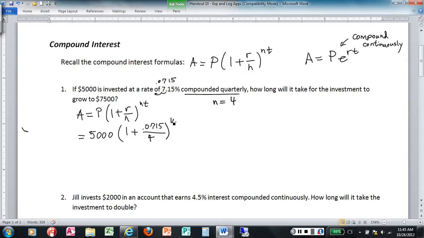Now what about T? We're looking for how long, so T is our unknown. We're just going to leave T in the equation for now, which leaves us only one variable there, and that is A. What is A? A is the future amount, and we want our investment to grow to $7,500, so A is 7,500.